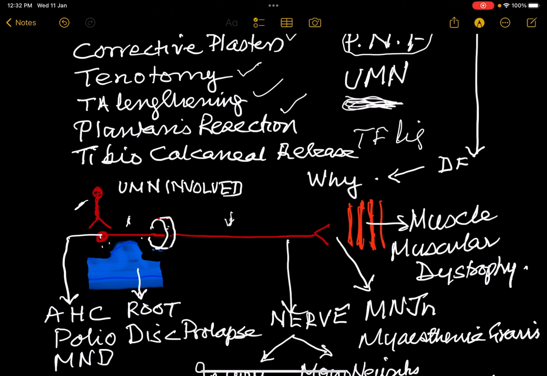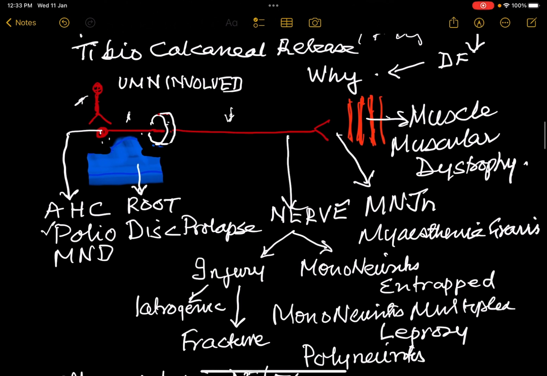Then you have the nerve, then you have the myoneural junction, and then you have the muscle. So upper motor neuron we have covered, that will lead to spasticity and can be treated by proprioceptive neuromuscular facilitation. Then the anterior horn cell is involved in polio and motor neuron disease.